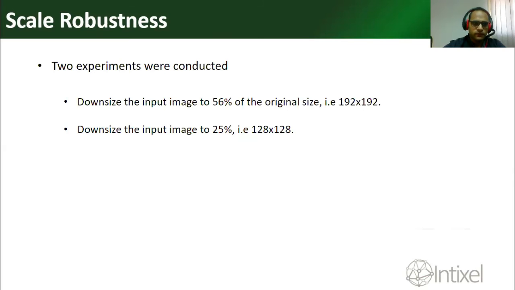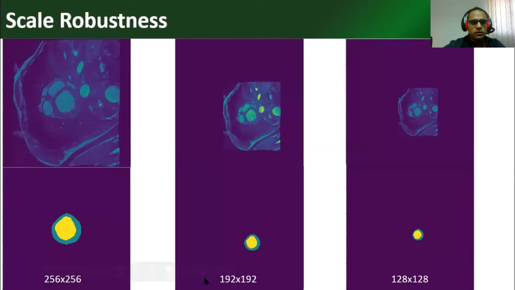And to give a visual illustration of what's happening here, this is the original input to the network. It should take this image and give out this segmentation. The top row is what's going to happen with the image, and the bottom row is the output of our network. So this is the normal case, the first column.